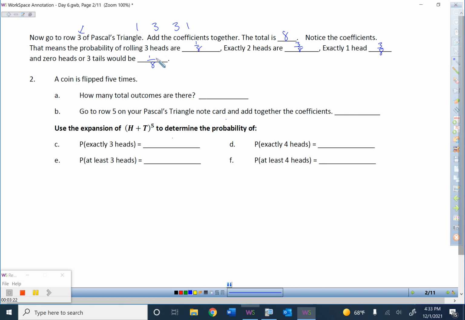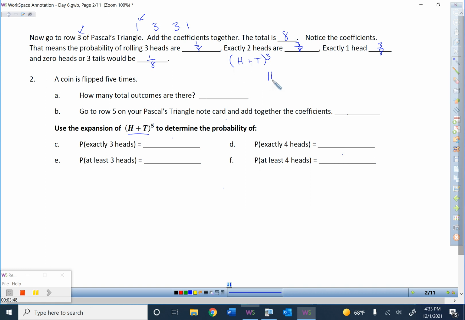These probabilities represent really the expansion of a binomial. So what we can do is think about heads plus tails. And this first one means, remember, h to the 3rd power, or 3 heads. The next one goes with h to the 2nd power.